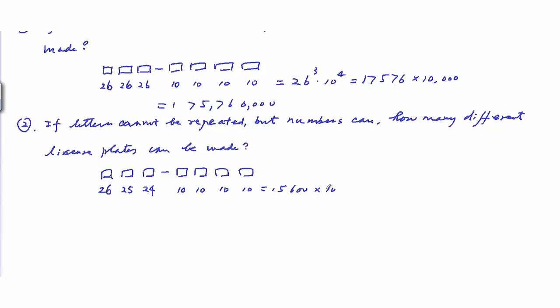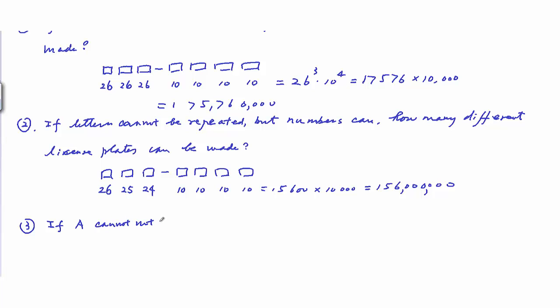Then times 10,000. You have 4 zeros from 10,000. So this would be 156 million license plates.